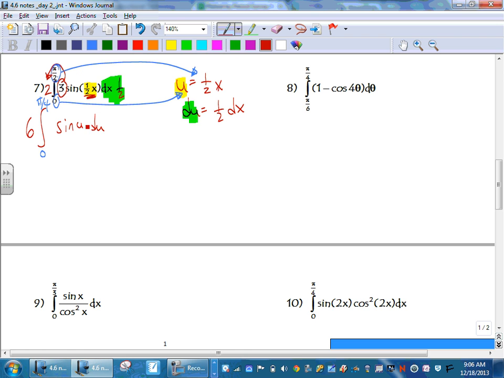Alright, so now we can do the antiderivative of sine. What's the antiderivative of sine? Negative cosine, good. Negative cosine of u, we're going from 0 to pi over 4. So I'm going to actually pull that negative out with the 6. So we have negative 6 out in front times cosine of pi over 4 minus cosine of 0.